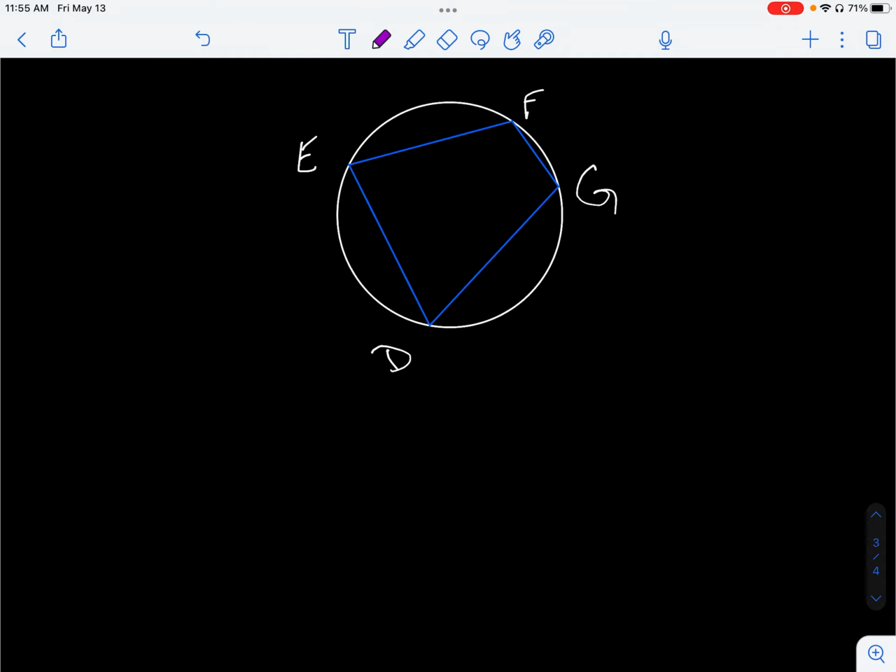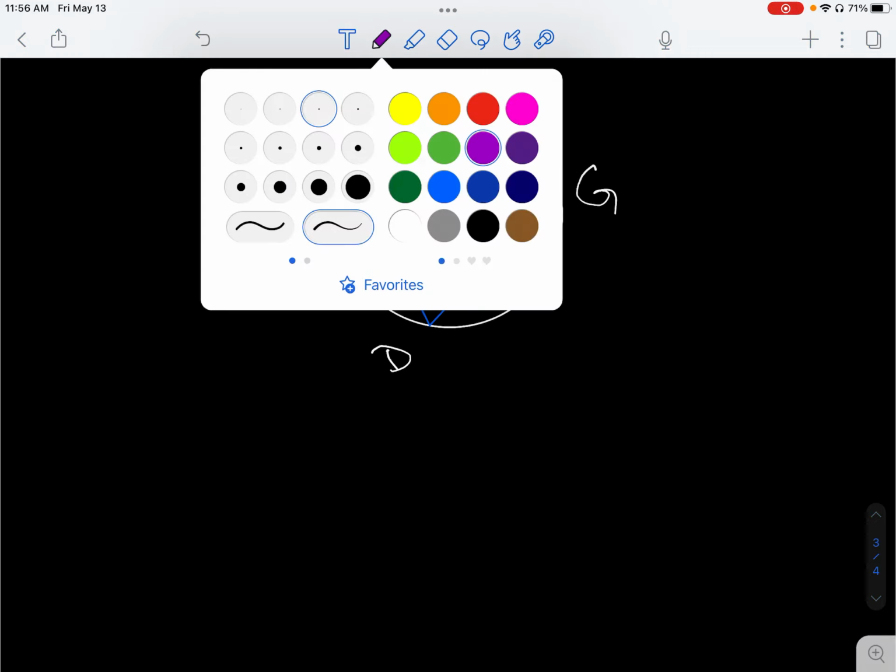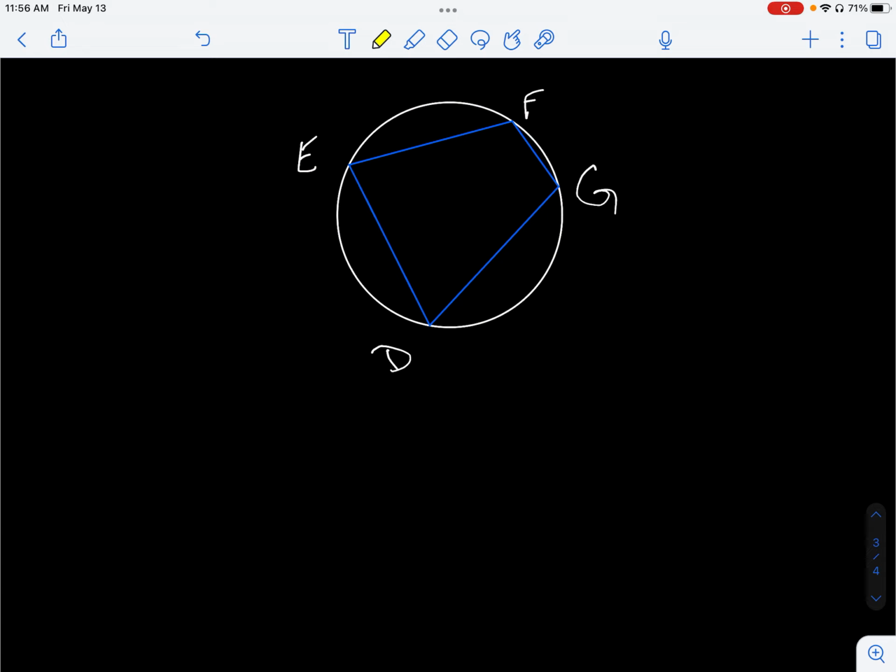All right. So here we have an inscribed quadrilateral. Now, not every quadrilateral can be inscribed in a circle because, as you recall from a minute or two ago, to be inscribed, all its vertices have to be on the circle. So for a quadrilateral to be inscribed, the opposite angles are supplementary.